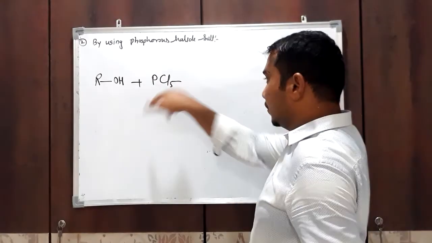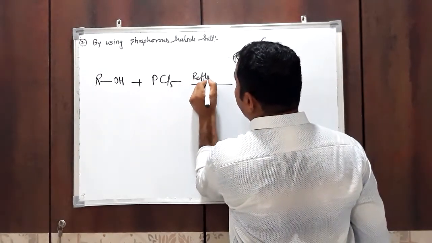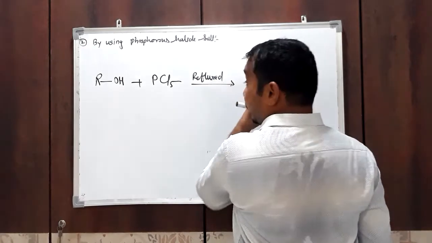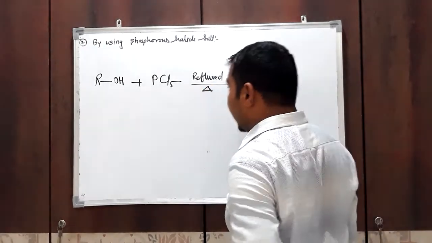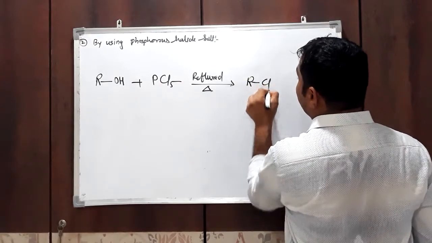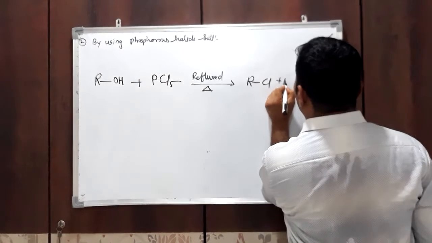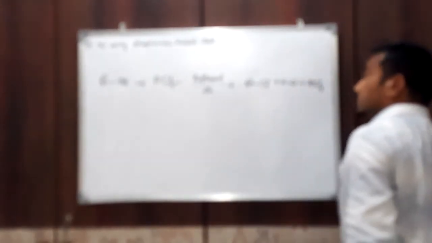Reflux means heat. Then this PCl5 reacts with the alcohol, giving alkyl halide plus HCl plus POCl3 as a side product.